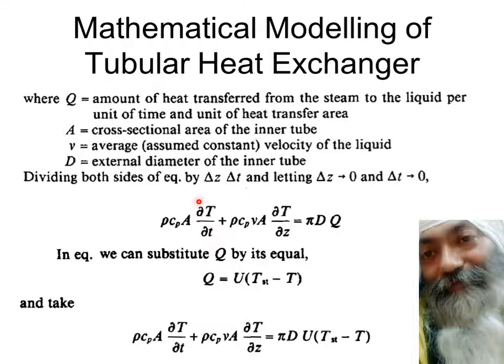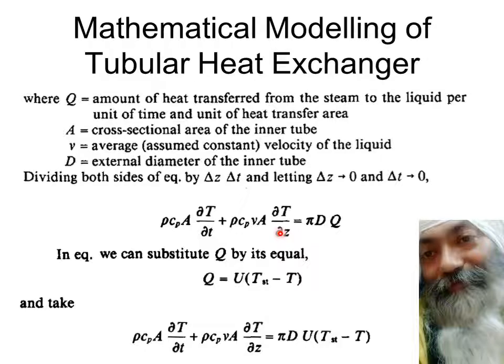So I call it ∂T/∂t, the rate of change of temperature with respect to time. This entire thing in the previous equation was actually on the right hand side, but it was coming with a negative sign, and so we have transposed this onto the left hand side, and now this term divided by delta z, with delta z tending to 0, becomes ∂T/∂z.